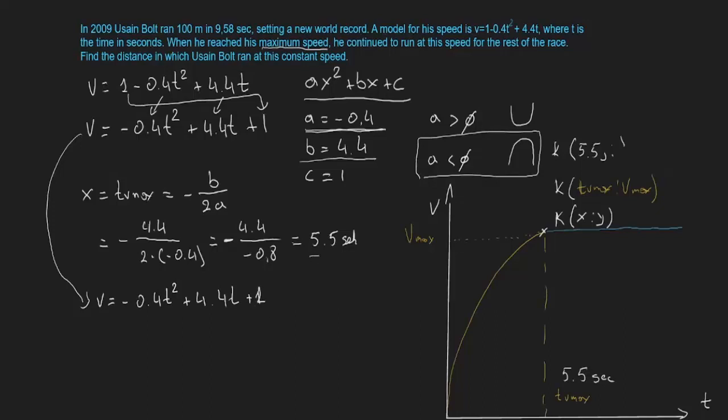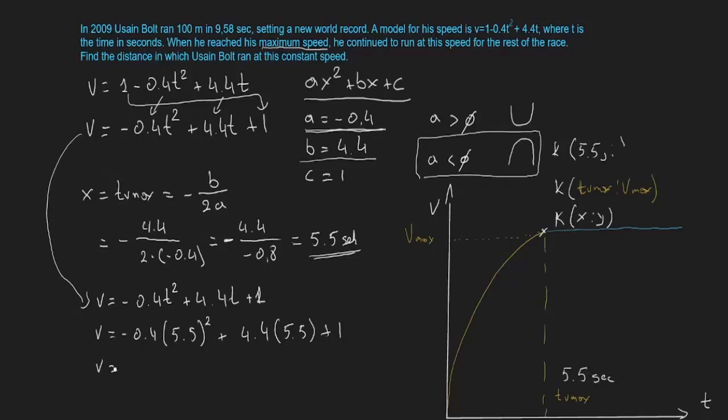And we know that t is 5.5 seconds. So now we do the math. Negative 0.4 times 5.5 squared plus 4.4 times 5.5 plus 1.